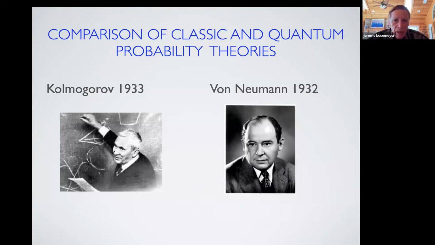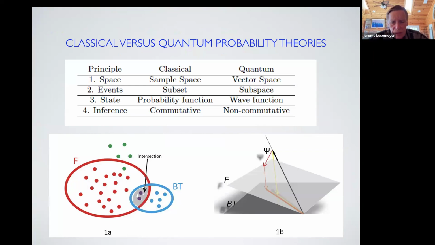About the same time, von Neumann axiomatized quantum theory. So we have two different sets of axioms, one for classical probability theory and one for quantum probability theory. And I'm going to briefly go over them. So the basic ideas are shown in this table here.